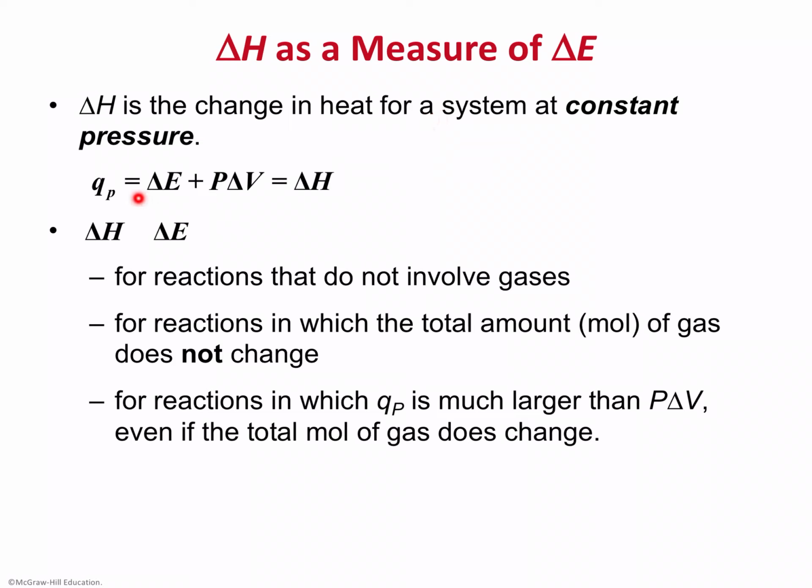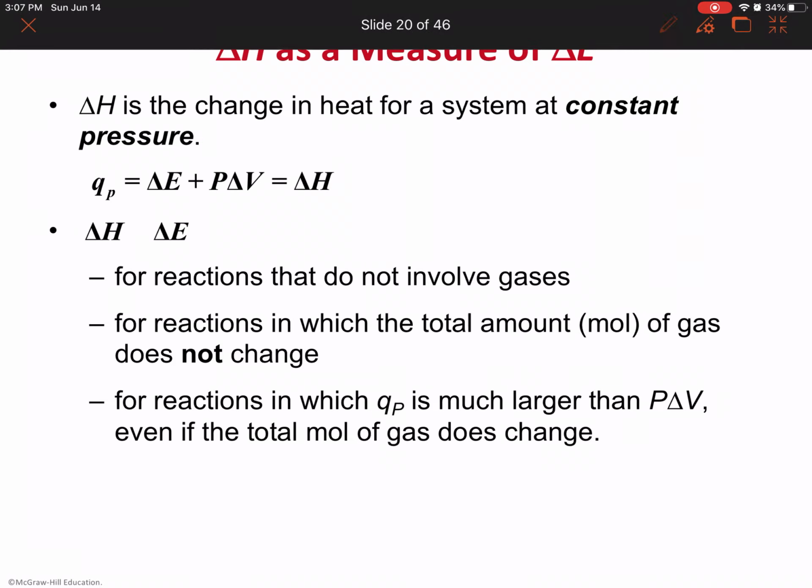Let's see how it comes. Now QP is the heat at constant pressure. QP equals delta E plus pressure volume work, P delta V. Since it's happening at constant pressure, that's going to be delta H. And then delta H is going to be equal to delta E if this is going to be 0.